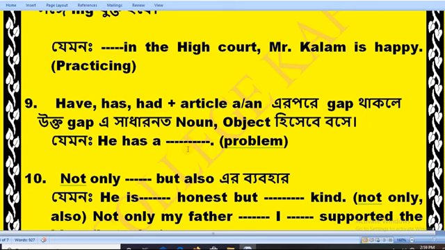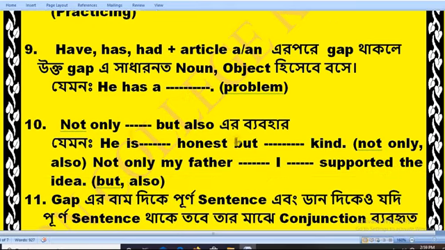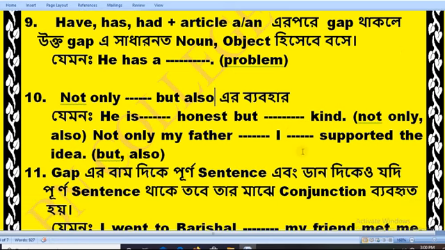These types of words you can write here, right? Now the use of not only but also. Suppose he is not only famous in the country but also famous all over the world, right? He is not only honest but also kind. This is the correct answer, right? This type of use we also see in gap filling activities.